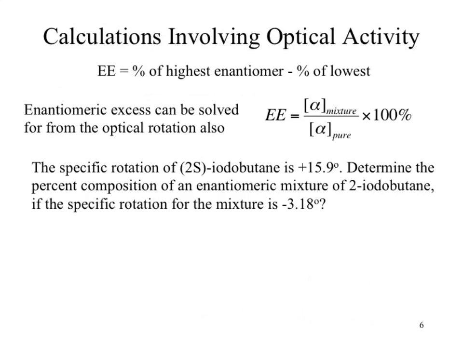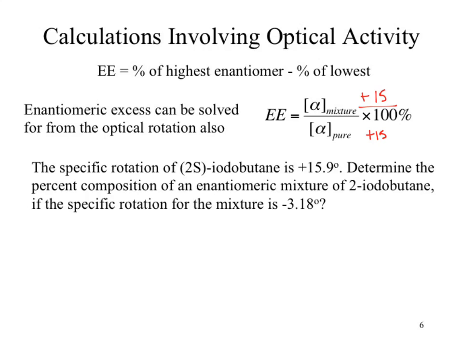What do I mean? Well, let's say the enantiomerically pure system has a rotation that is positive 15. And I take a look at the mixture, and the mixture says positive 15. What's my enantiomeric excess? 100%. Does it make sense to be 100%?